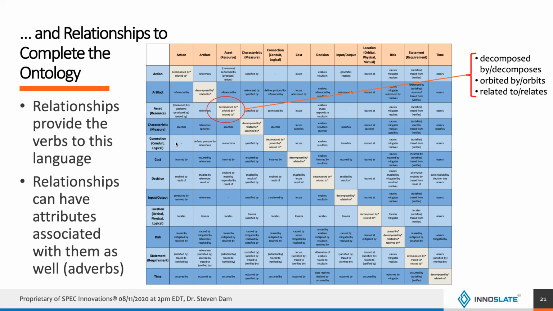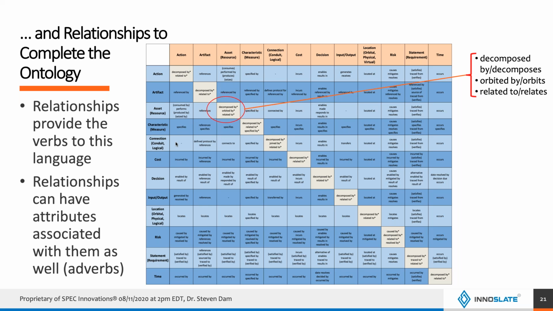Very simple. We did add orbital information because orbital was something that I always found was a relationship that was missing. So that was one I think was fundamental, particularly for us who work in the aerospace community. Now those relationships can have attributes on them. Those become the adverbs for our language.